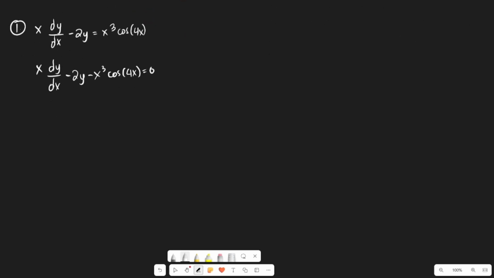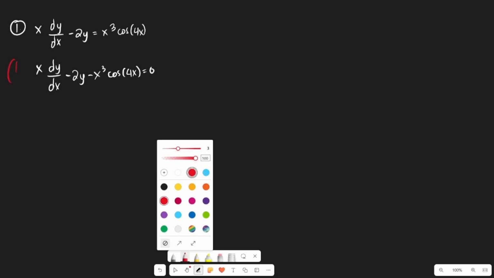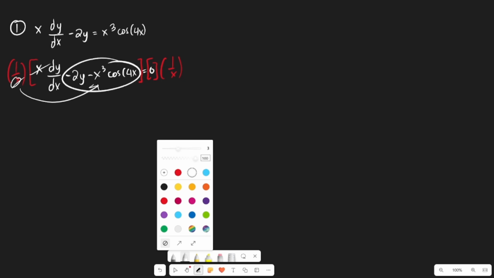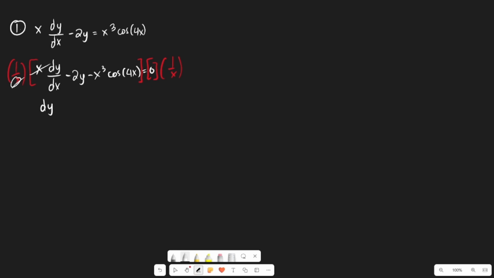In order to do that, we need to multiply both sides by 1 over x so that we can cancel these out, and we can place the x right here as the denominator of the fraction. So we're going to have dy over dx minus 2y.